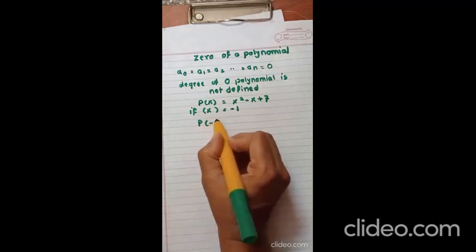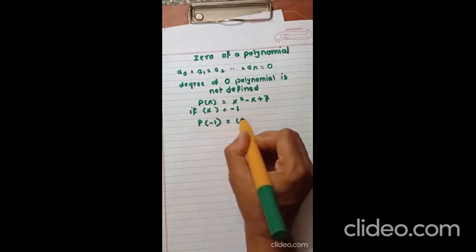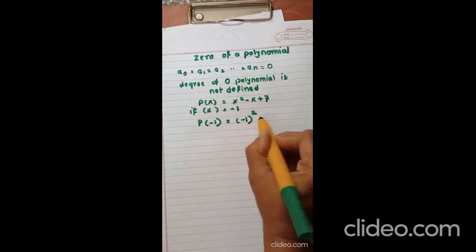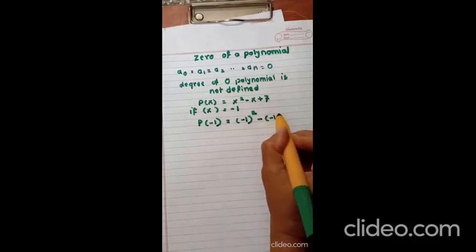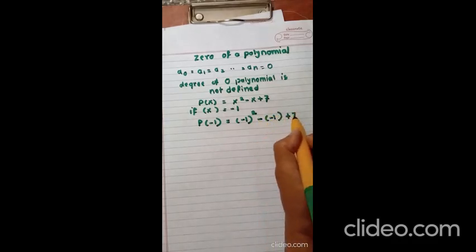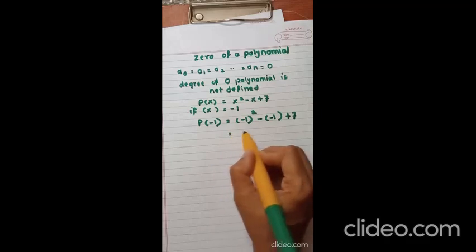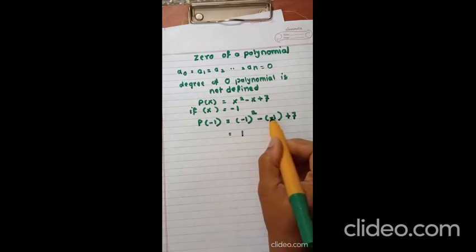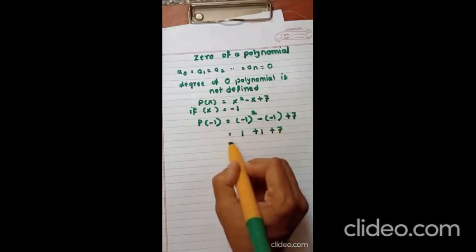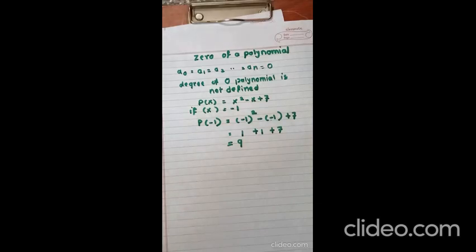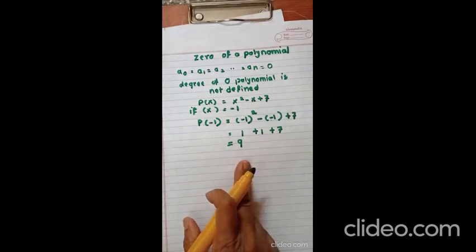So p(minus 1) is equal to minus 1 square minus minus 1 plus 7. Replace all x with the value minus 1. So you get here 1 plus 1 plus 7. So the value of the polynomial by replacing the value minus 1 is 9.